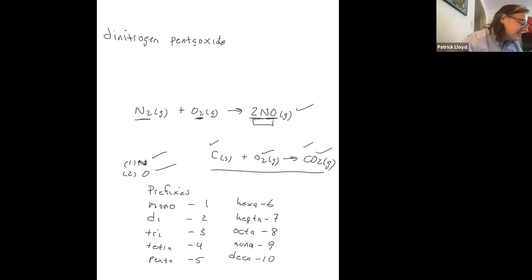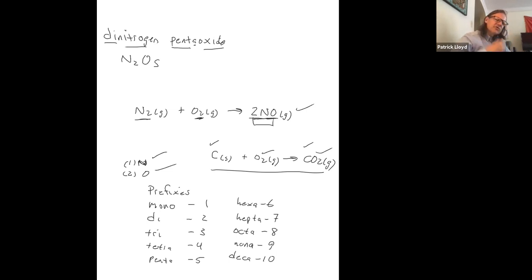But pentoxide or pentaoxide, di is 2 nitrogen, so N2. Penta is 5 oxygen, so O5. So dinitrogen pentoxide or pentaoxide would be N2O5.